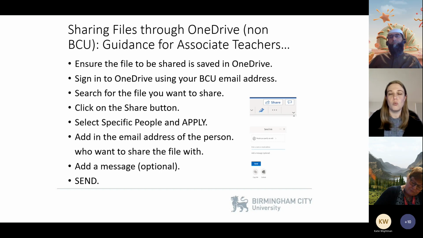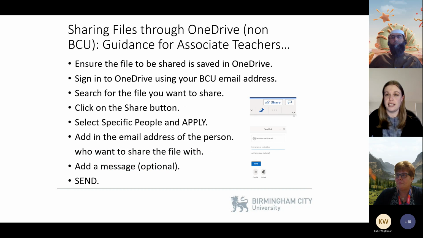So we're all working on one document rather than having lots of different copies being emailed backwards and forwards between each other. But as I said, if there's any difficulty with the sharing of the documentation, the IT support team at the university will be able to help. So we'll guide associate teachers to ask them for their support.